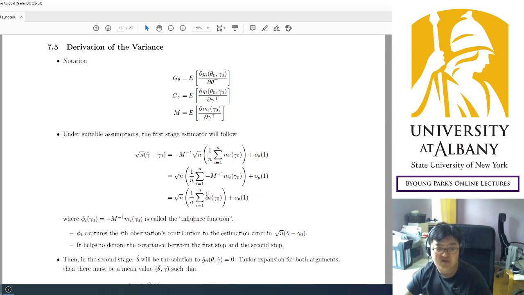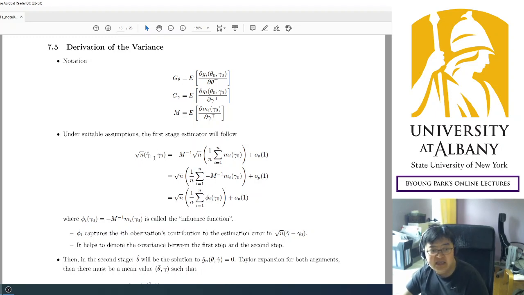And this influence function will be very useful and very convenient to study the second stage estimator, because this function contains all the information relevant to the first stage error, right? So remember, what we just did is, square root n times the estimation error can be written as approximately square root n times the sample average of a certain function.